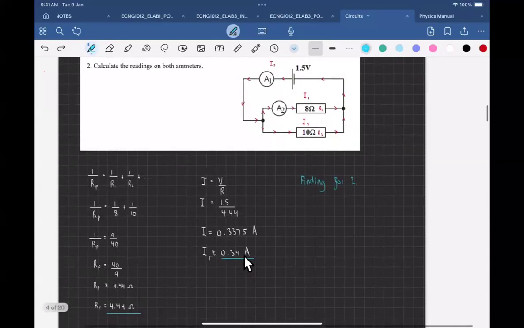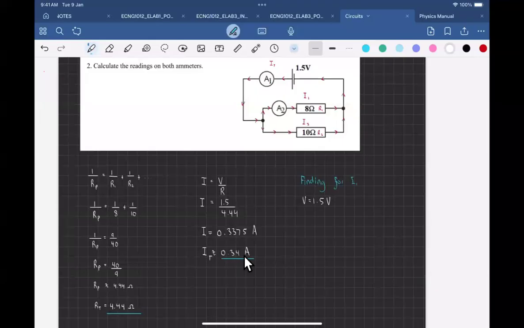Remind me earlier, in a parallel circuit, does the voltage across resistors change? No. So where's the voltage across R1? 1.5. Where's the voltage across R2? 1.5. Right. We know that the voltage is 1.5 volts across all components because it's a parallel circuit.